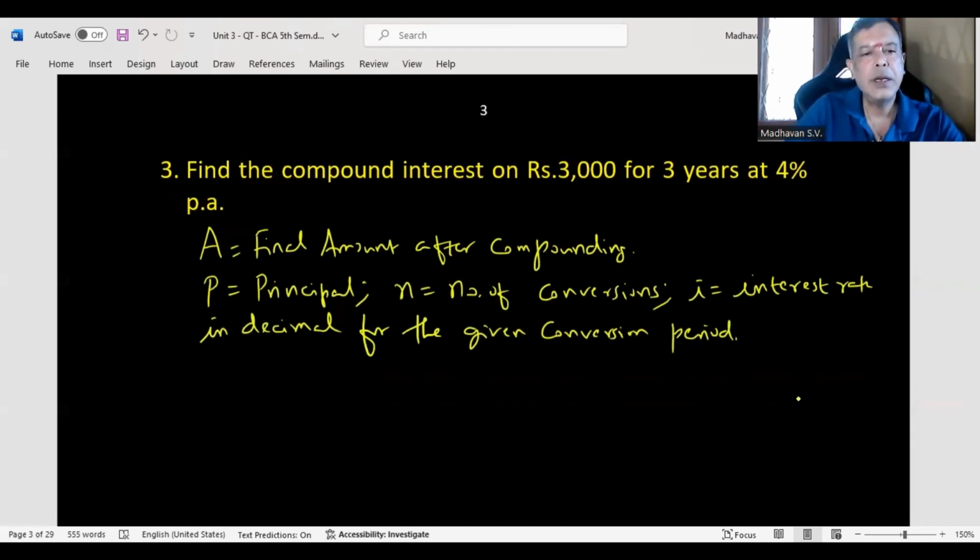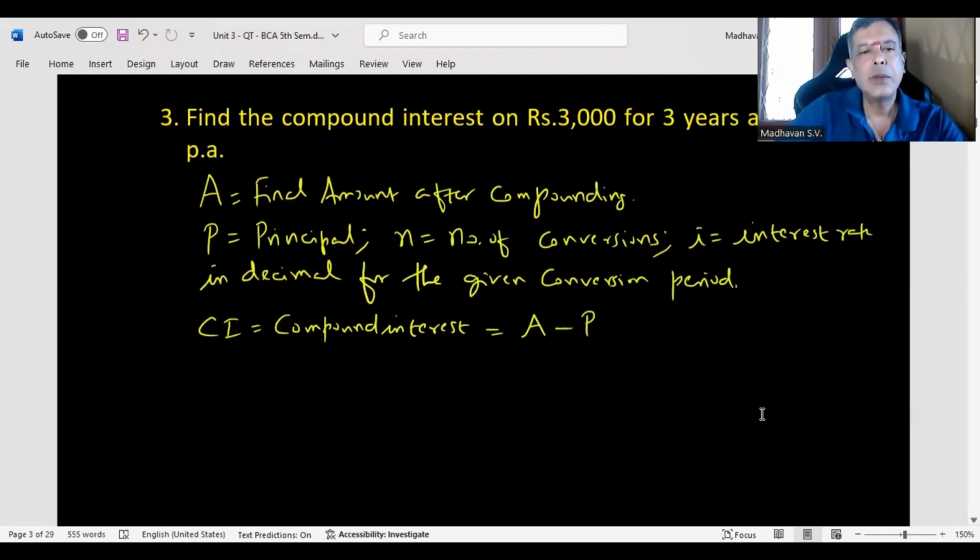Then compound interest will be denoted by CI, and compound interest will be calculated as the final amount minus the principal. So now what is amount?